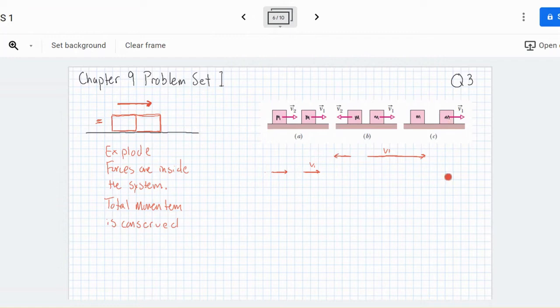And this one over here, if this one ends up stopped with no momentum, then this one has to have basically the same momentum as this one. So I'm going to go greatest first. I'm going to say B is going to have the greatest v1, and then C, and then A.